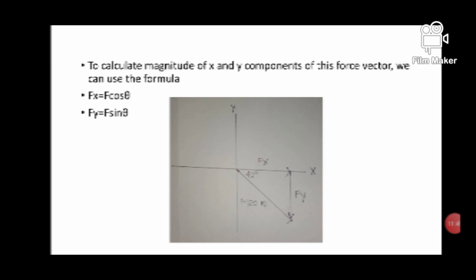So to calculate the magnitude of the x and y components of this force vector, we can use the formulas fx is equal to f cosine theta and fy is equal to f sine theta.